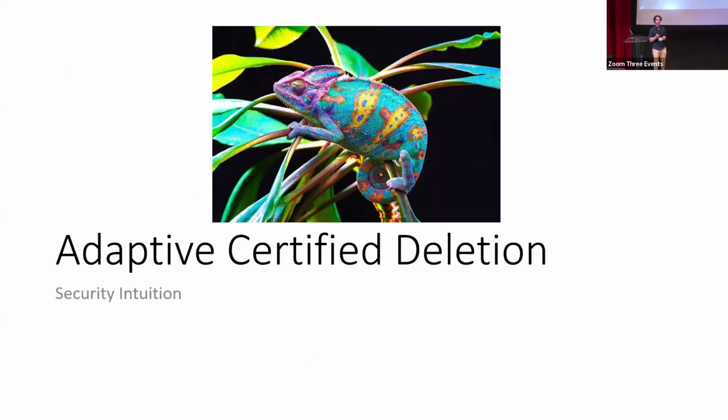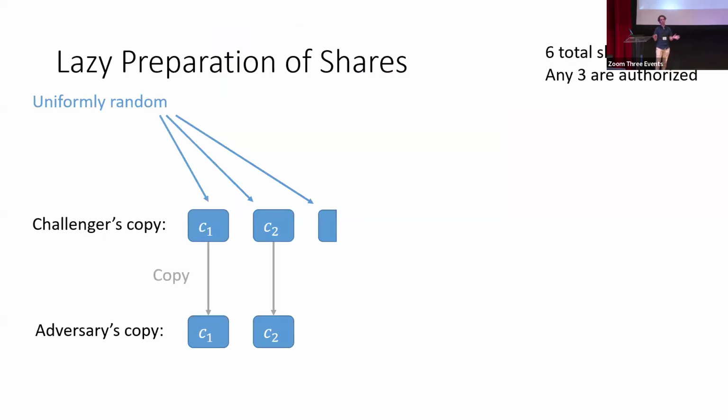Now let's very briefly discuss the security intuition. First, I'd like to take a slightly different viewpoint where you are lazily preparing the shares. So the challenger here, as shares are corrupted, is going to first sample some random points.